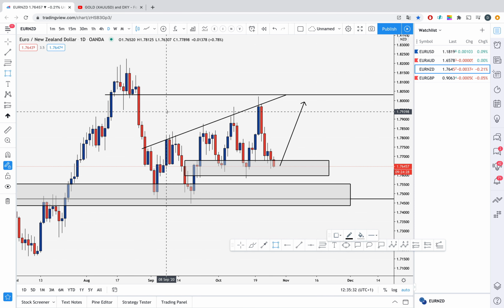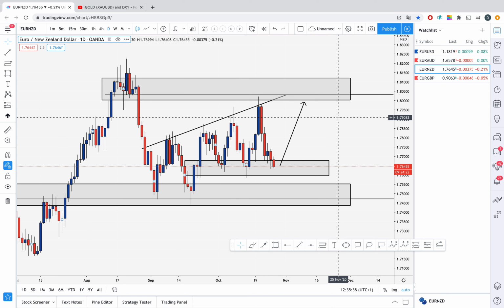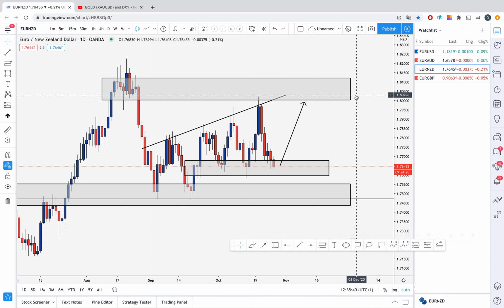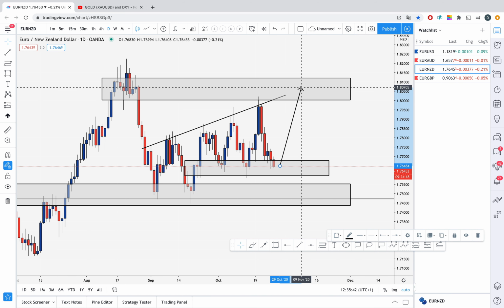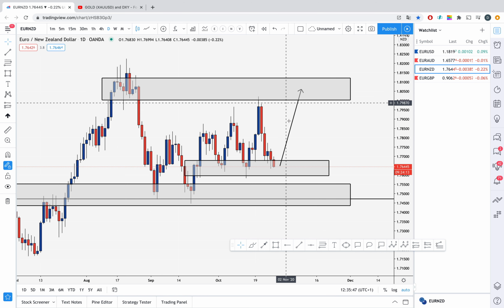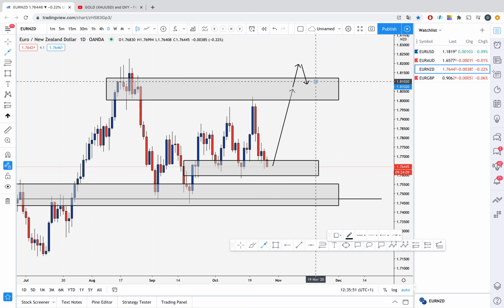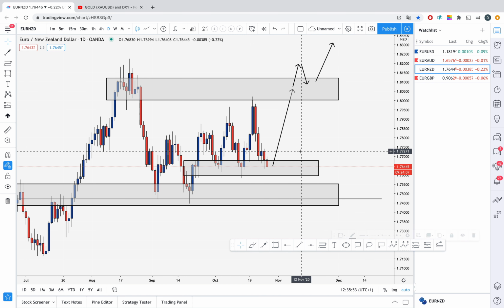And just to keep in mind, we also got a strong daily supply area, also a weekly supply area. So try to find an entry for a buying opportunity and try to execute over here, because the better thing would have been to see the price breaking this level, retesting this level, and then going for a nice long opportunity.